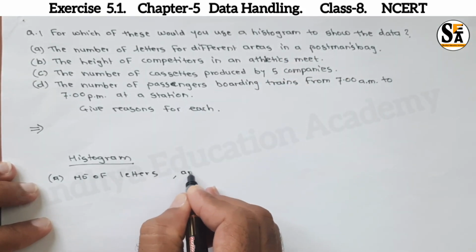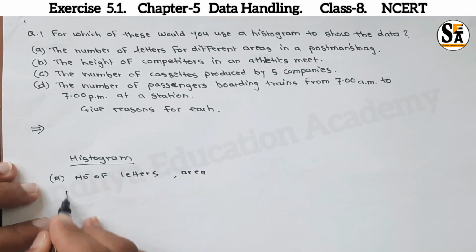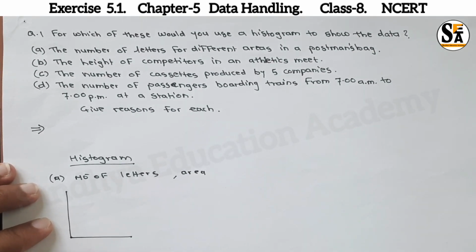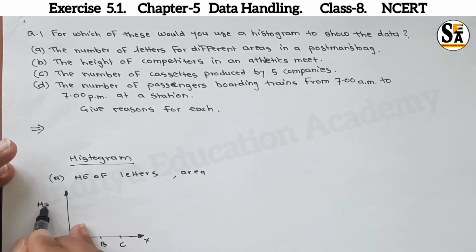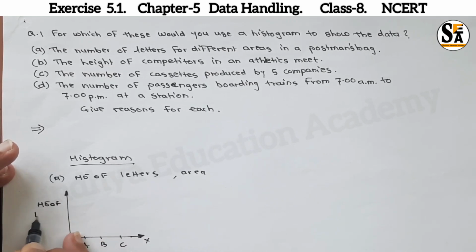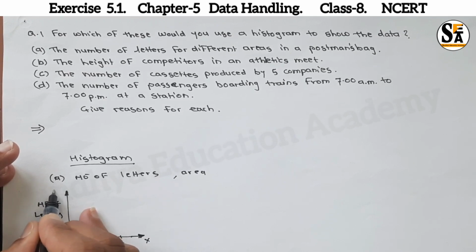What is area? If we draw a graph and area is plotted here, suppose this is A area, this is B area, C area, like this, on the x-axis, the horizontal axis, and number of letters on the y-axis in this direction.